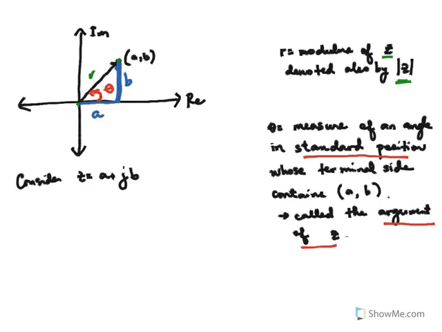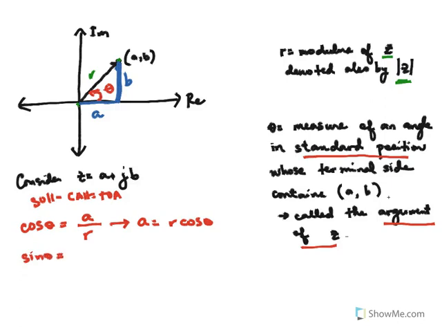If we relate r, theta, and a and b, using SOHCAHTOA, we will have the relationship cosine of theta is equal to adjacent over hypotenuse, or it follows that a is equal to r cosine theta. And also, we can say that sine theta is equal to opposite, that's b, over hypotenuse, that's r, or b equals r sine theta.